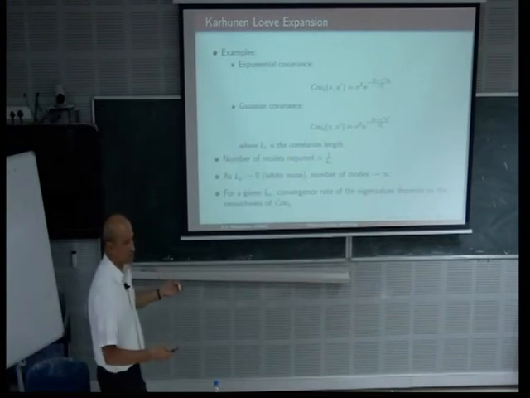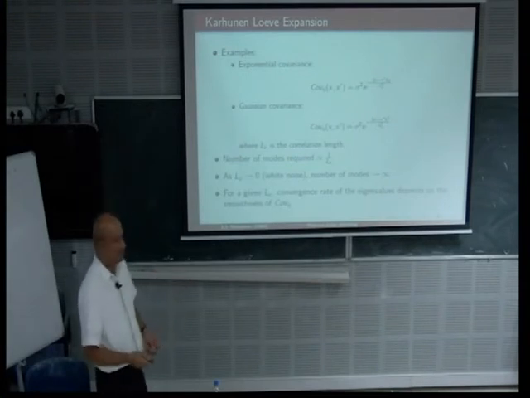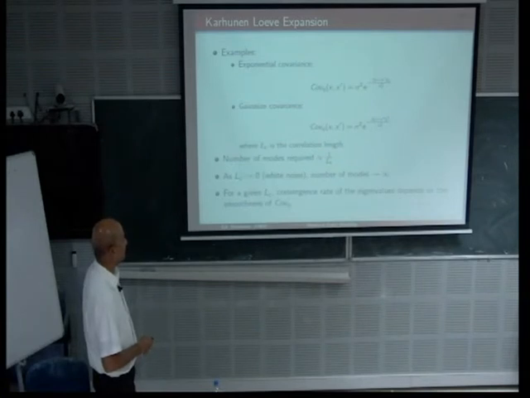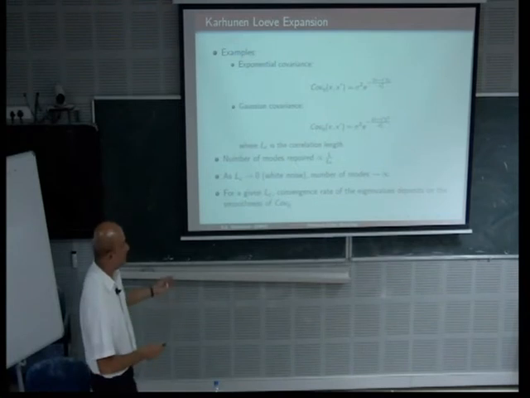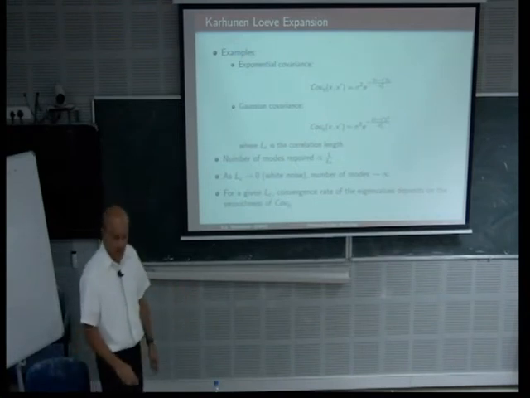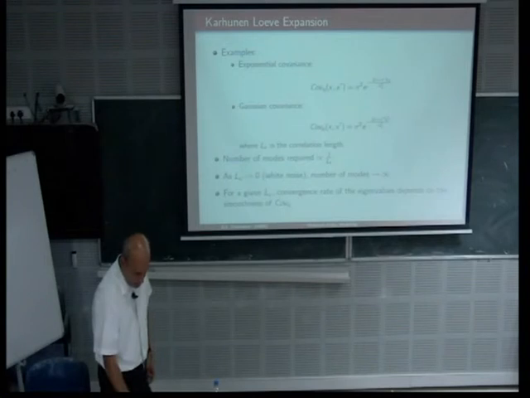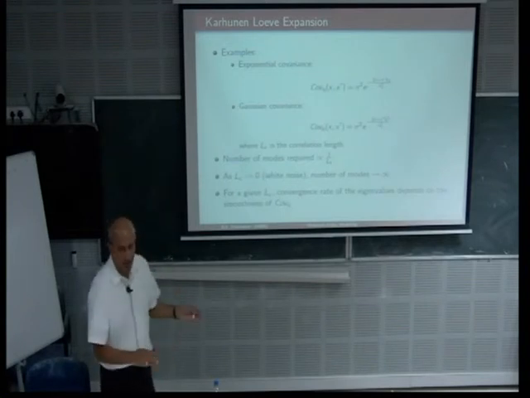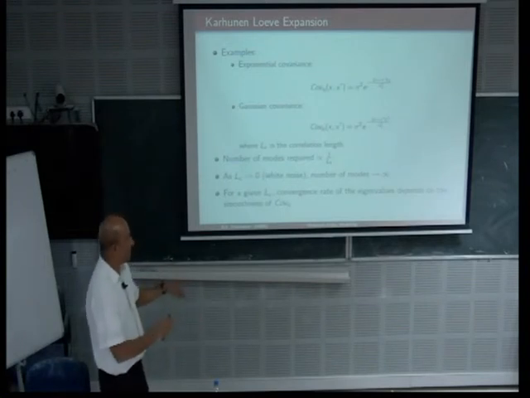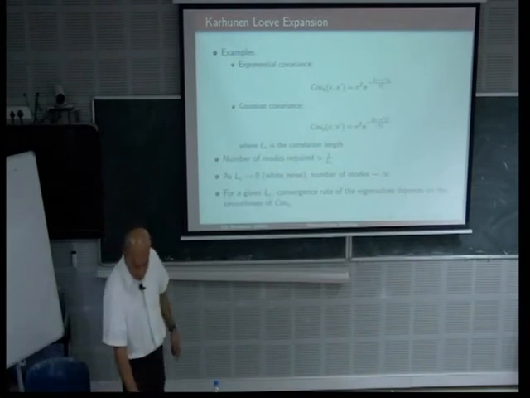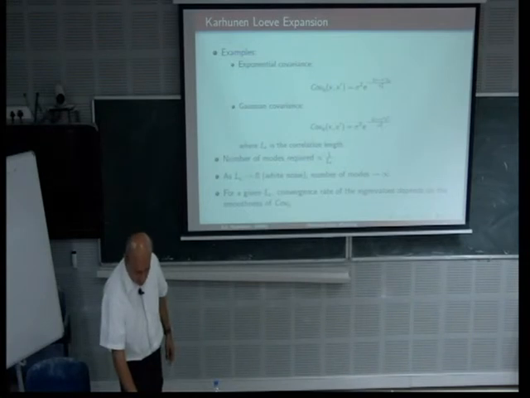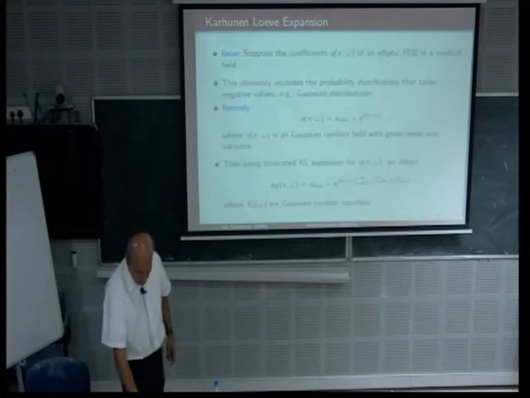The correlation length goes to 0, which means uncorrelated. You reach the white noise case, and the number of modes or terms in the KL expansion goes to infinity. That becomes useless. So this is one of the reasons why we cannot use what I'm going to describe for the white noise case. There are other methods for working with white noise. This is one of the issues.